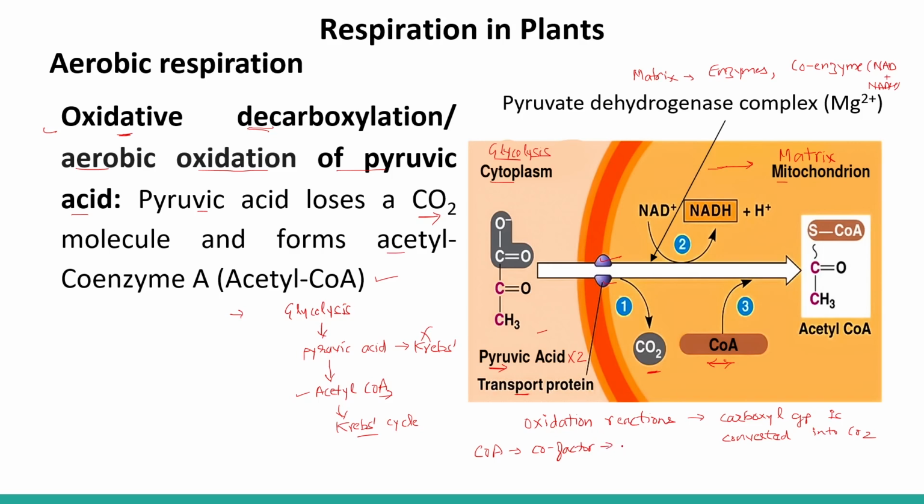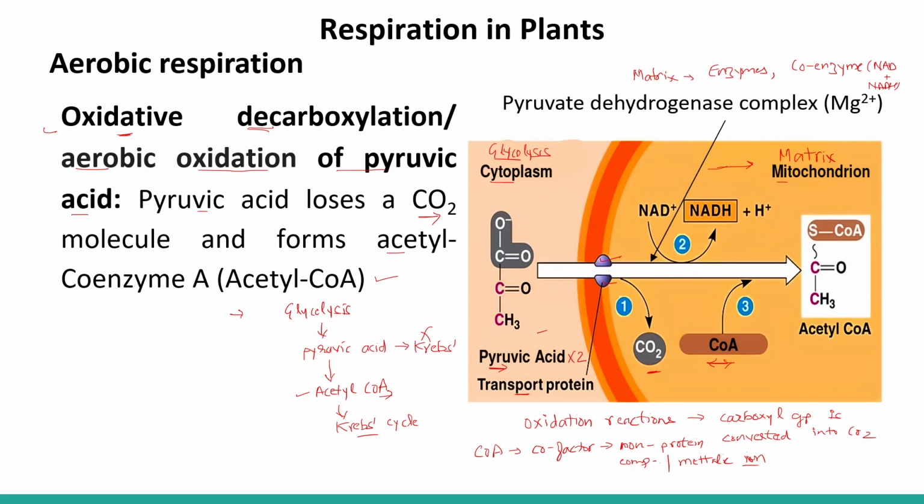A cofactor is a non-protein compound or metallic ion that is important for the catalysis of an enzyme. Without it the enzyme can lose its catalytic power. These cofactors bind to the enzymes and are required for their catalysis.